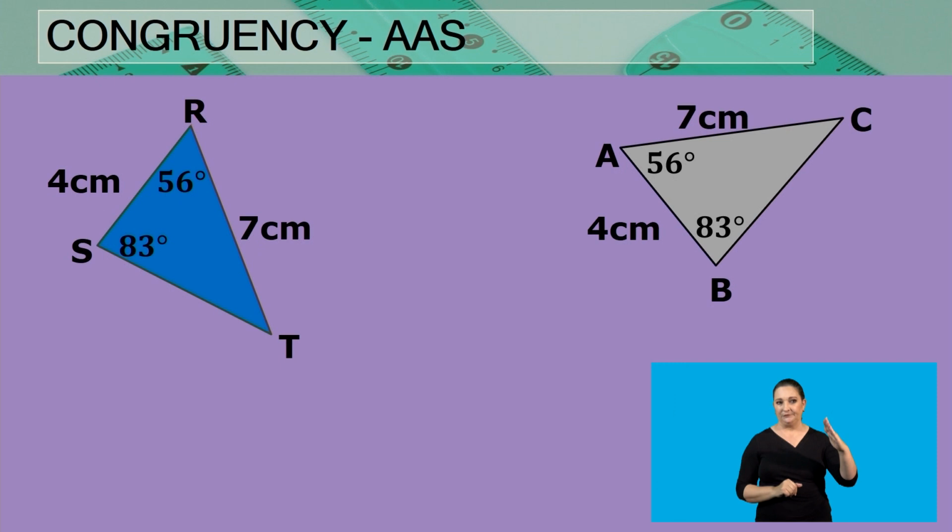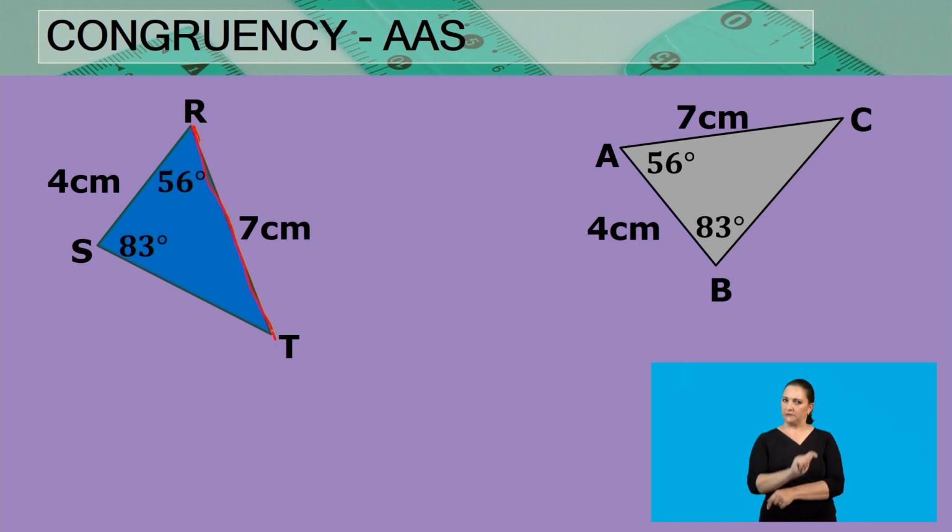Now, because all we need is two angles and a corresponding side, we go over and look at triangle ABC. And in this triangle, we've also been given angle A, which is 56, and angle B, which is 83 degrees. And again, we've been given AC, which is 7 centimeters, and we've been given AB, which is 4 centimeters.